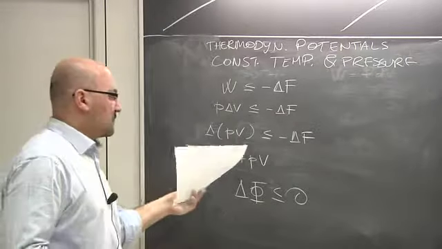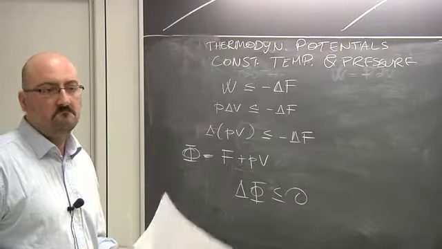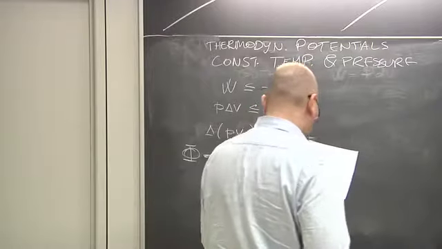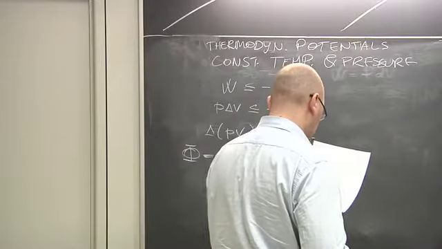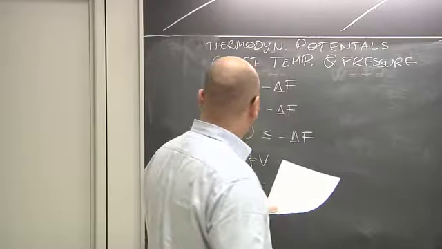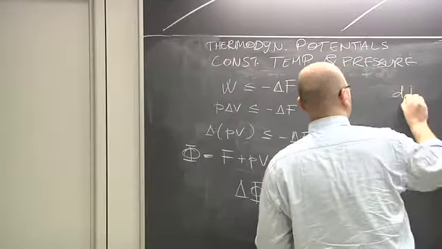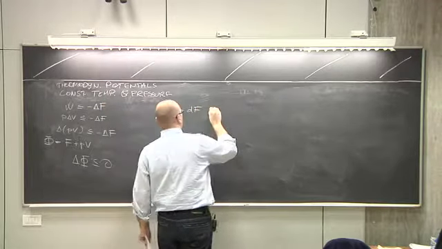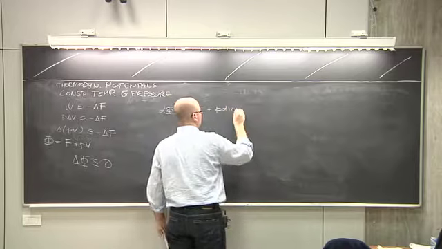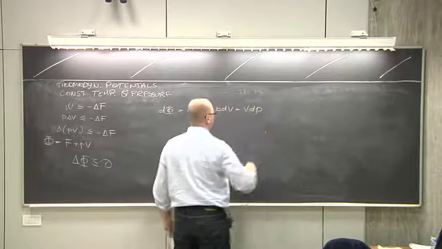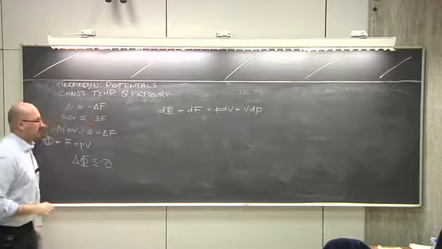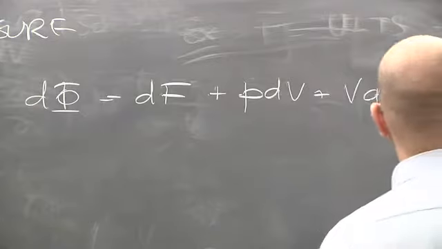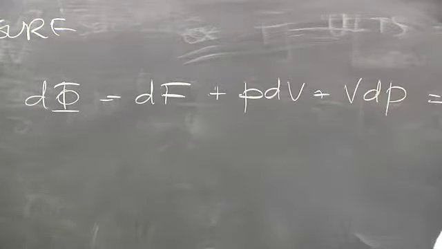This is sometimes called also enthalpy, for reasons that I will have to look at. So dphi is then equal to dF plus P dV plus V dP. Okay. But dF was equal to minus P dV plus S dT.